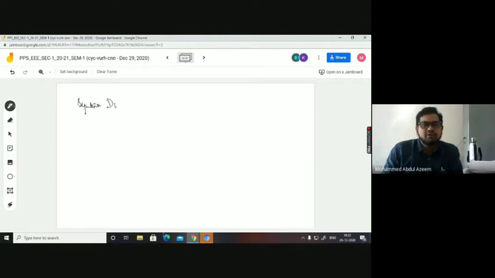Syntax diagram of if statement. Okay. So what happens here? You have a condition. Conditions are going to be represented through a diamond, right?